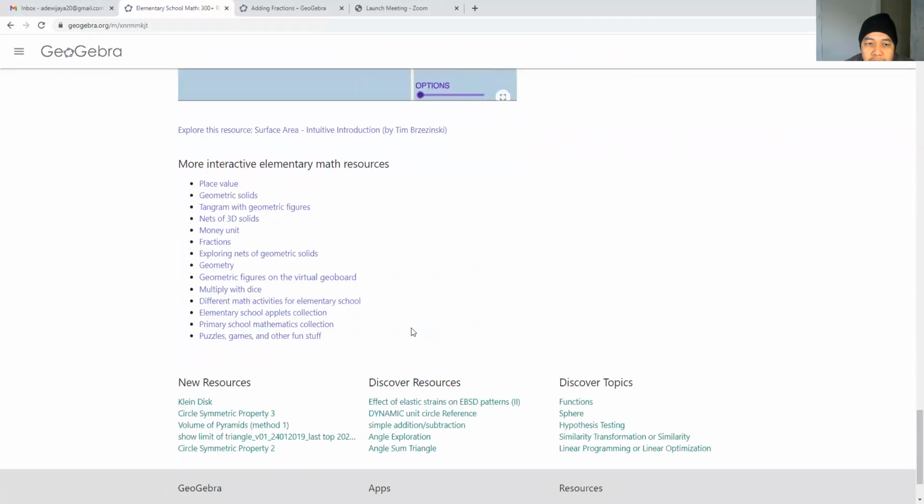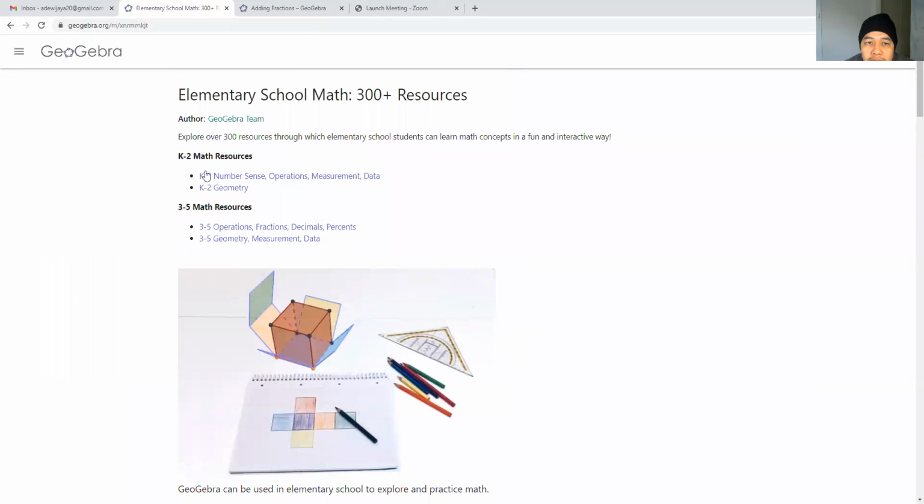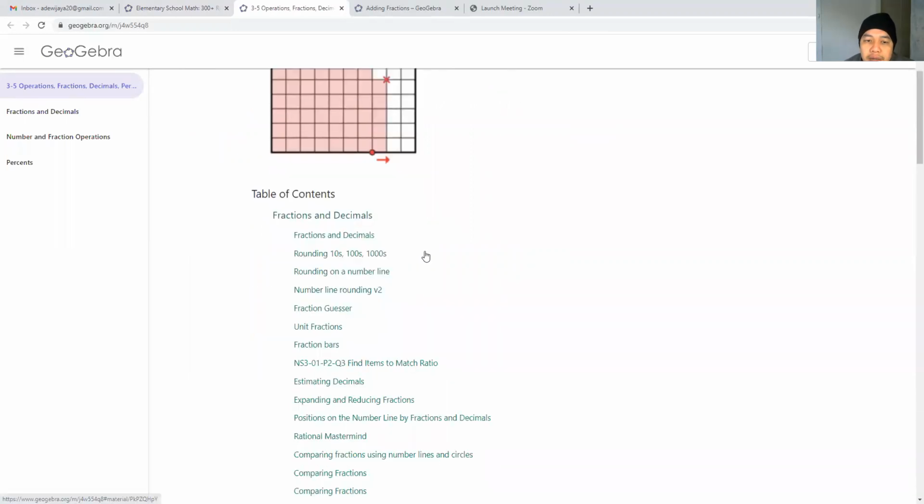I think I will show you some of those. For example, from kindergarten until year 2, you can click this one. Or, let's have a look at this one, because I think I'm going to go with fractions. From year 3 until year 5, here we go.